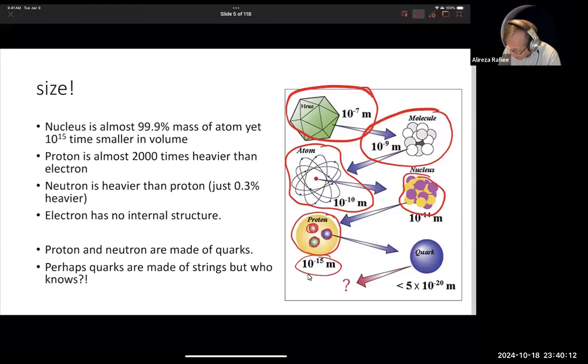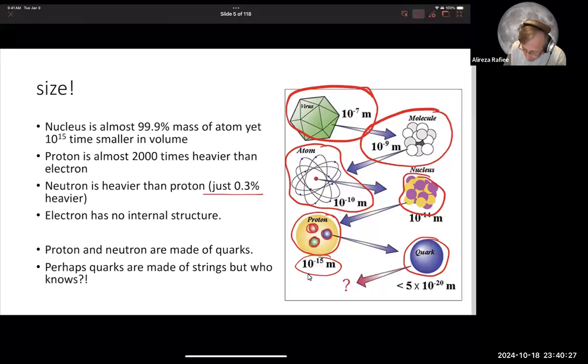And then each proton is made of perhaps some other fundamental particles. We call them quarks. Now, a neutron is a little heavier than a proton by about 0.3%, but almost the same size.